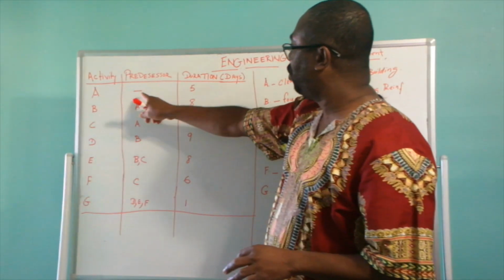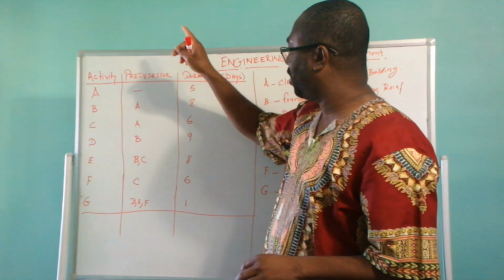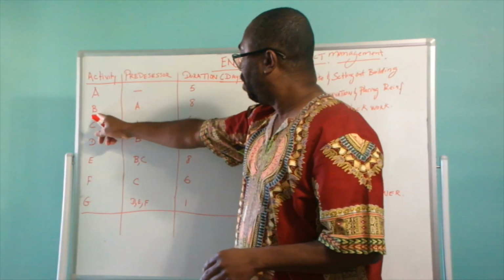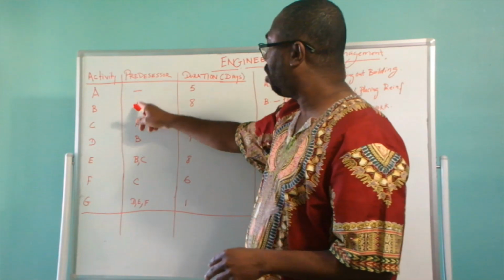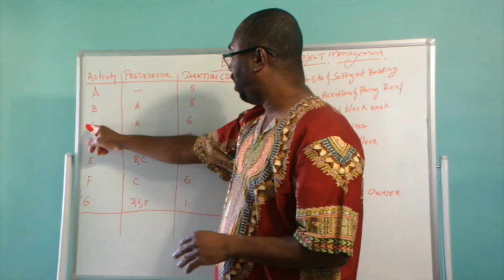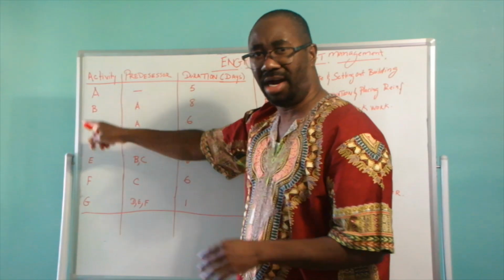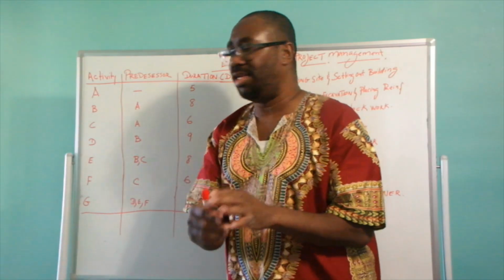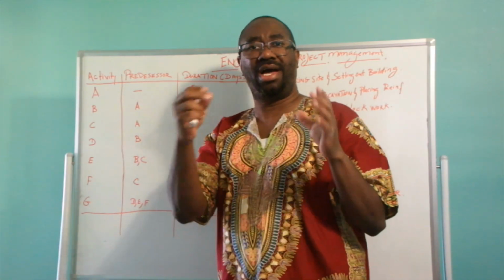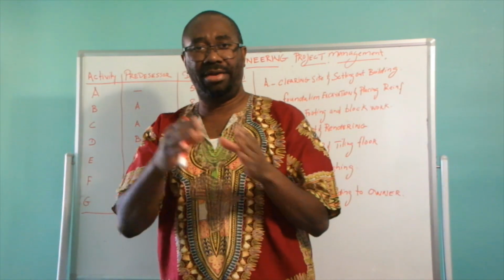Activity A has no predecessor, and activity B has its predecessor as A. That means A comes before B, and B comes out of A. Activity C comes out of A, or activity A precedes C. So there are two ways you can look at it. My way of looking at it is much easier, because you have to interpret this in order to know how to plot the diagram.